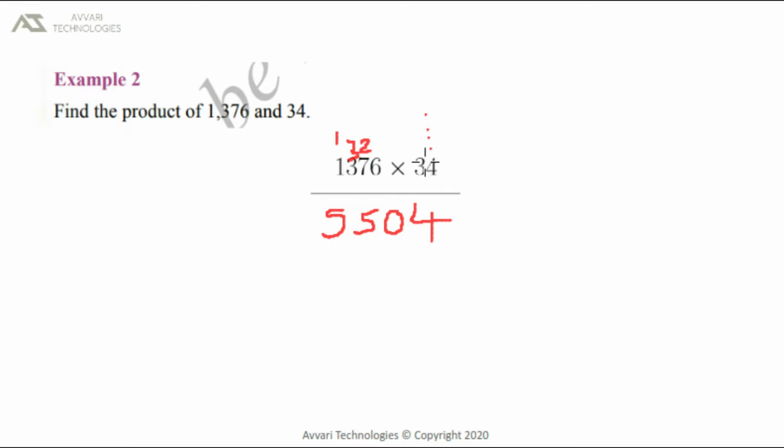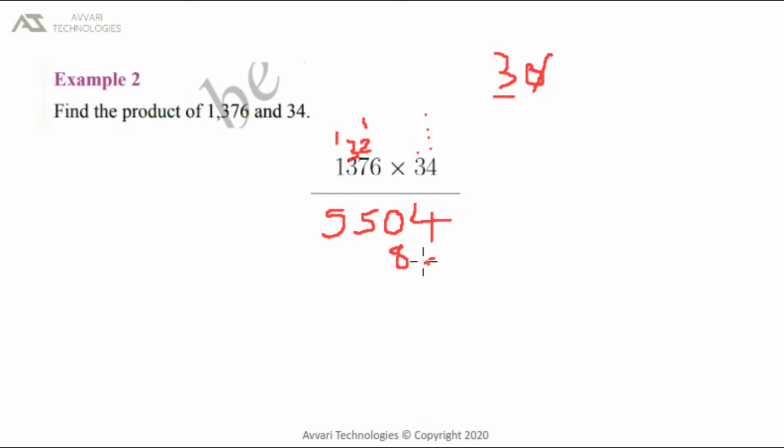Now let us move on to the 10th place. In the 10th place we have got 3, that becomes 30. We will not consider 0 here. In the 10th place we will multiply with the remaining number, that is 3. Now 3 into 6 is 18 with 1 carryover. Since we removed the unit place, we are moving one place left.